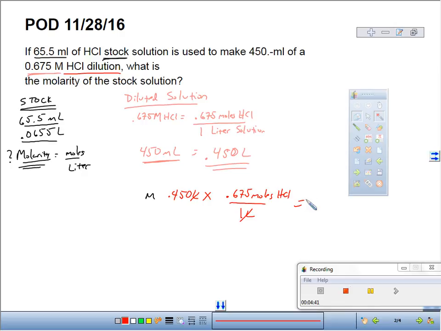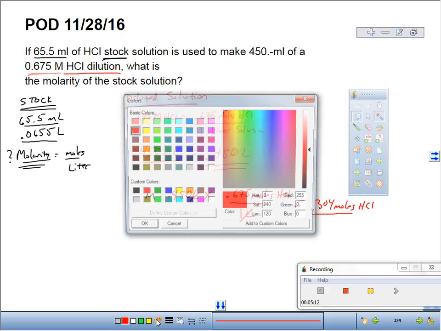If I work this out, I end up getting 0.450 times 0.675 is going to equal about 0.304 moles of HCl. So what the person did is they took 0.304 moles of HCl from a stock solution. So we could also put this in black, because that's where it came from.